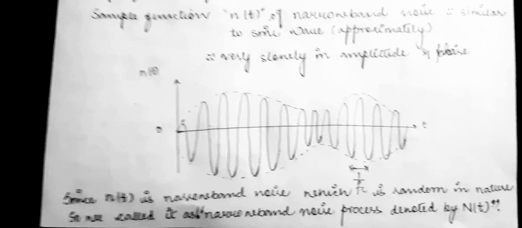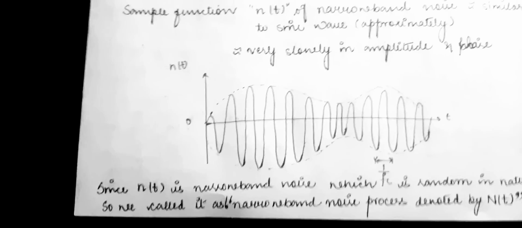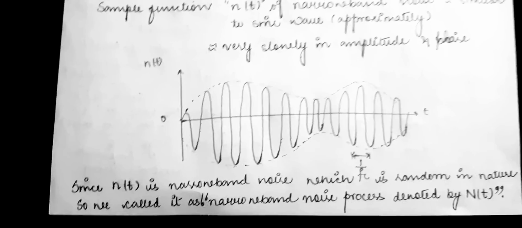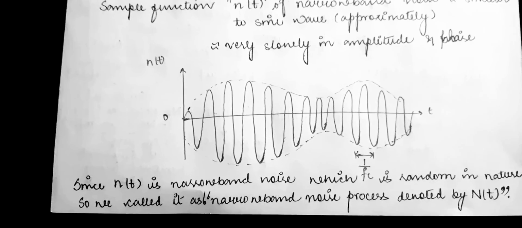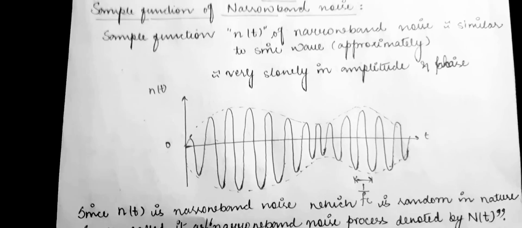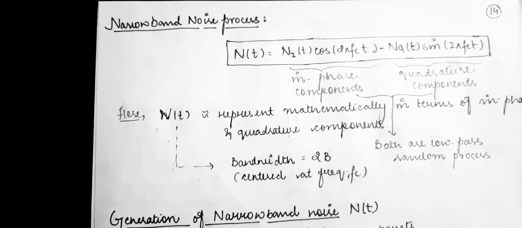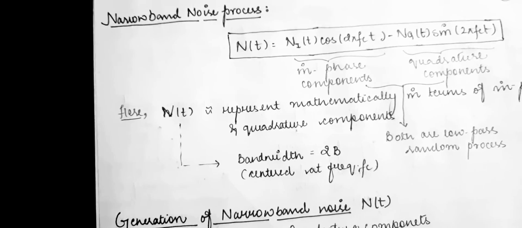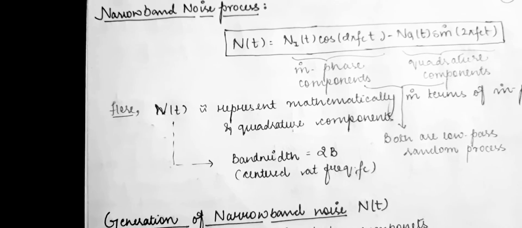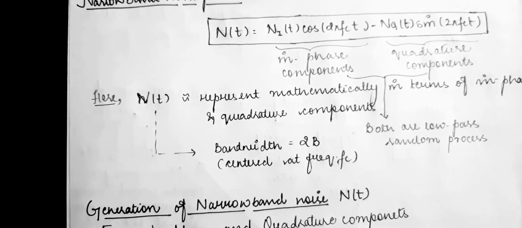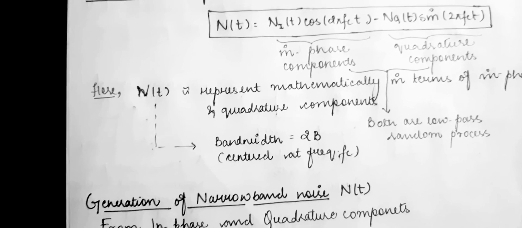Since n(t) is narrowband noise, which is random in nature, we call it the narrowband noise process, denoted by capital N(t). Here the narrowband noise process N(t) consists of two components. First is your in-phase component, N_I(t) cos 2 pi fc t, and the second one is your quadrature component.